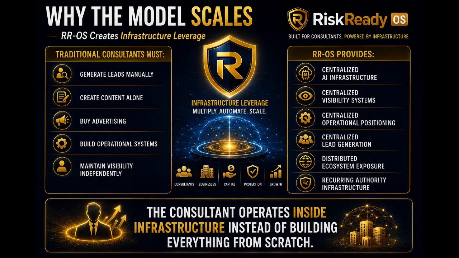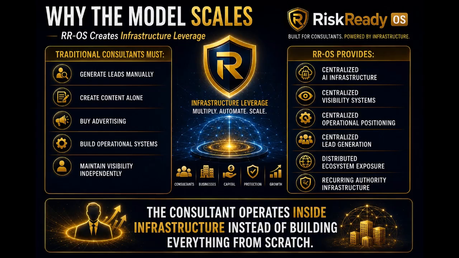Now let's look at why the model scales. The reason this model scales is that RiskReady OS creates infrastructure leverage. Traditional consultants must generate leads manually, create content alone, buy advertising, build operational systems, and maintain visibility independently.